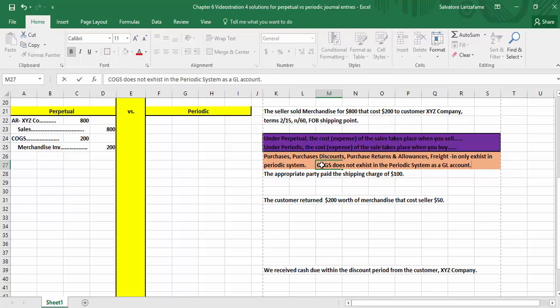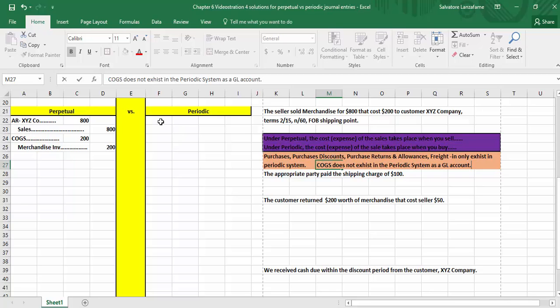So notice under perpetual, I did debit cost of goods sold. I can't do that under periodic. It doesn't exist as something I can debit or credit. Cost of goods sold will appear on a financial statement under periodic as well as perpetual, but it's something I calculate. Like on an income statement, I calculate net income, I calculate gross profit, I calculate total expenses. So cost of goods sold under periodic is something that you calculate. It's not something you debit or credit like you can under perpetual.